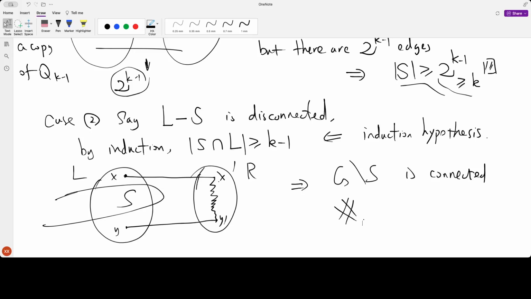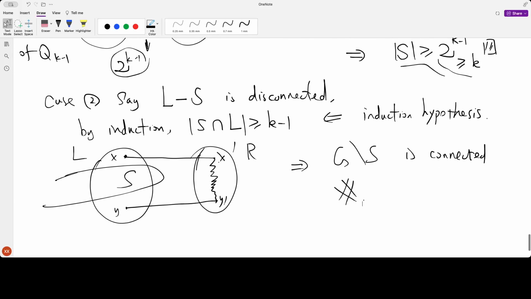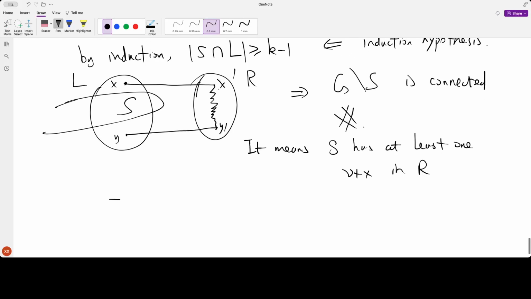Okay? So it means that S has at least one vertex in part R. So it means that because S has k minus 1 vertices in part L, and it has at least one vertex in part R, S size is at least k.